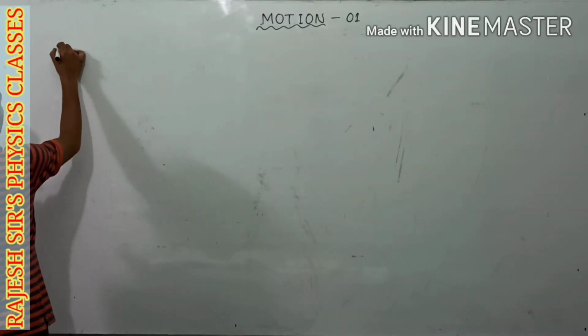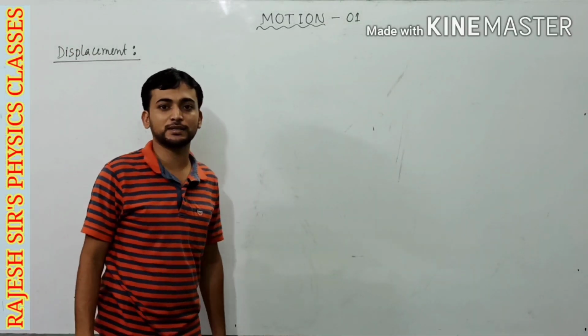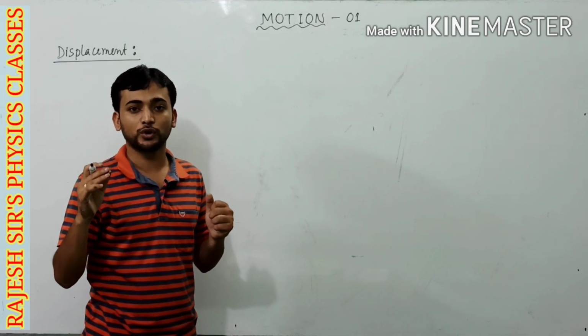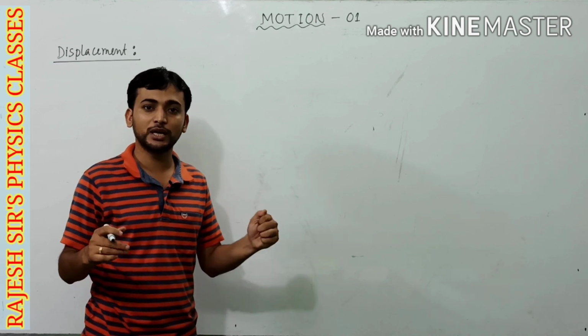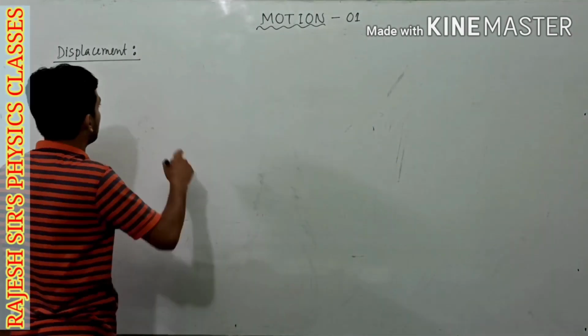Okay. Now we are going to talk about displacement. Displacement is what? Displacement is the length of the shortest path between the initial and the final position of a moving object. What I have said?